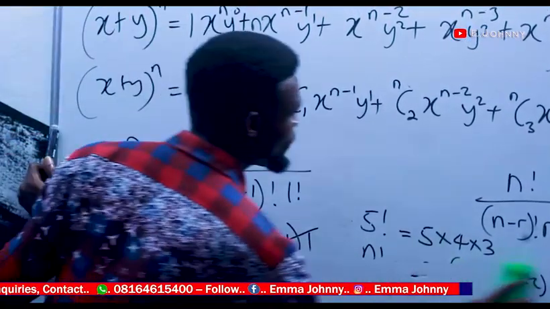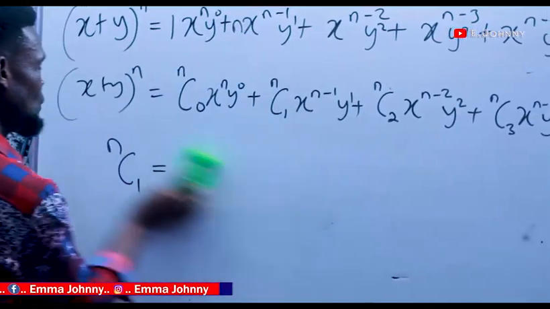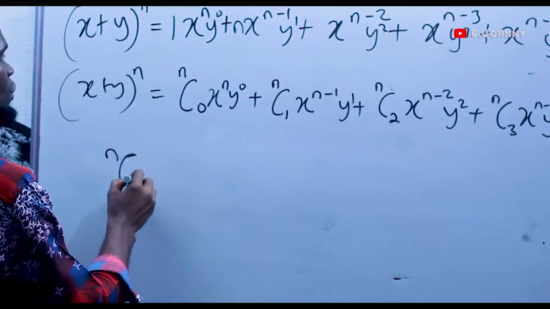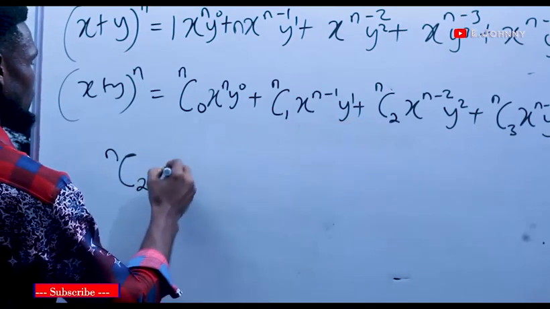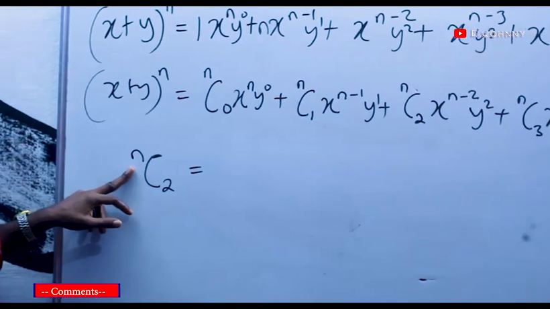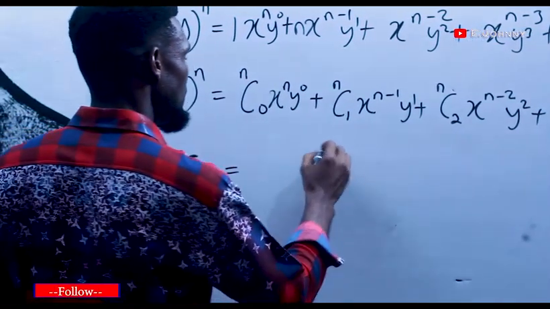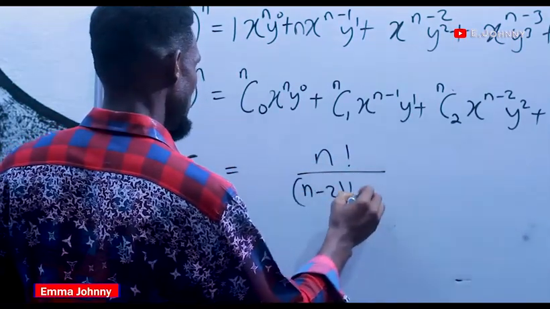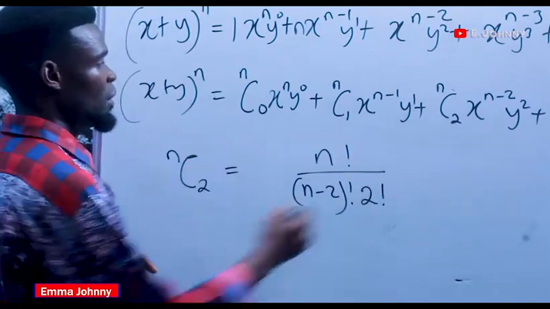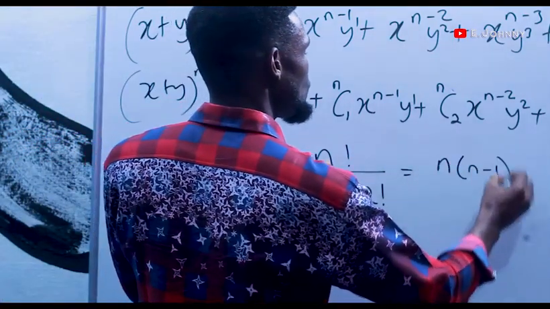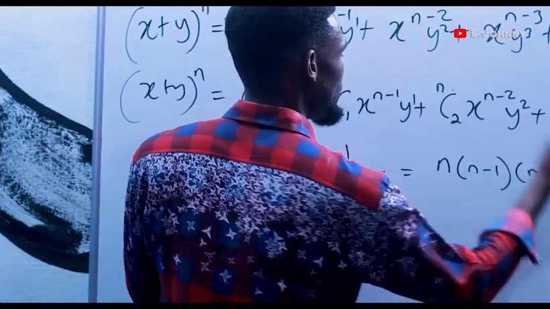Alright, let's look at the next one, which is n combination 2. N combination 2 will give us n factorial over n minus 2 factorial, 2 factorial. What is n factorial? It will be n into n minus 1 into n minus 2 factorial.